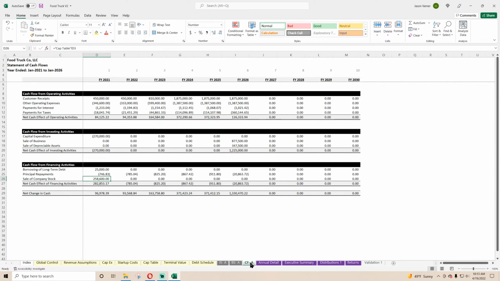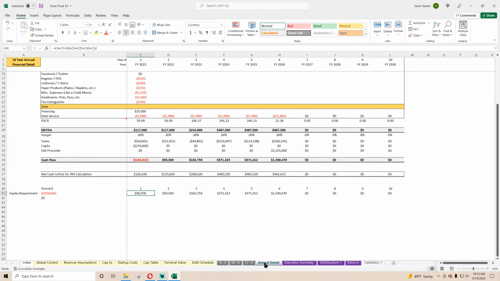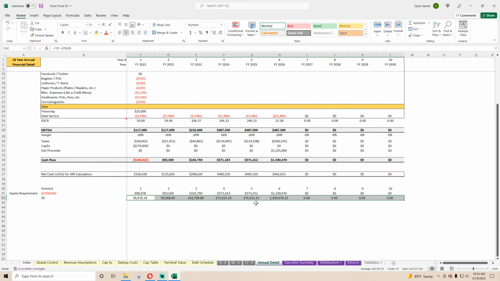And then let's look here. So this is cash flow statement numbers. Match, match, match. This matches. Okay.